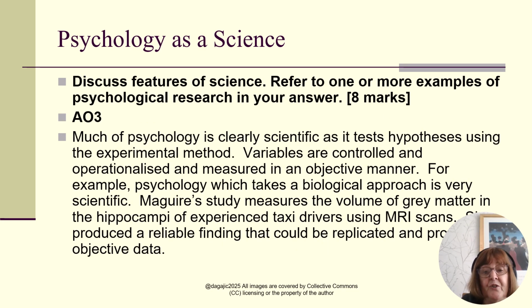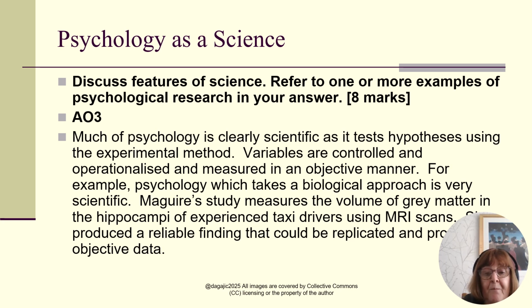I've then continued with an argument for. So I've made my point. Much of psychology is clearly scientific as it tests hypotheses using the experimental method. Variables are controlled, operationalized, and measured in an objective manner. So discussing there the features of science. I've then used an example to illustrate my point.